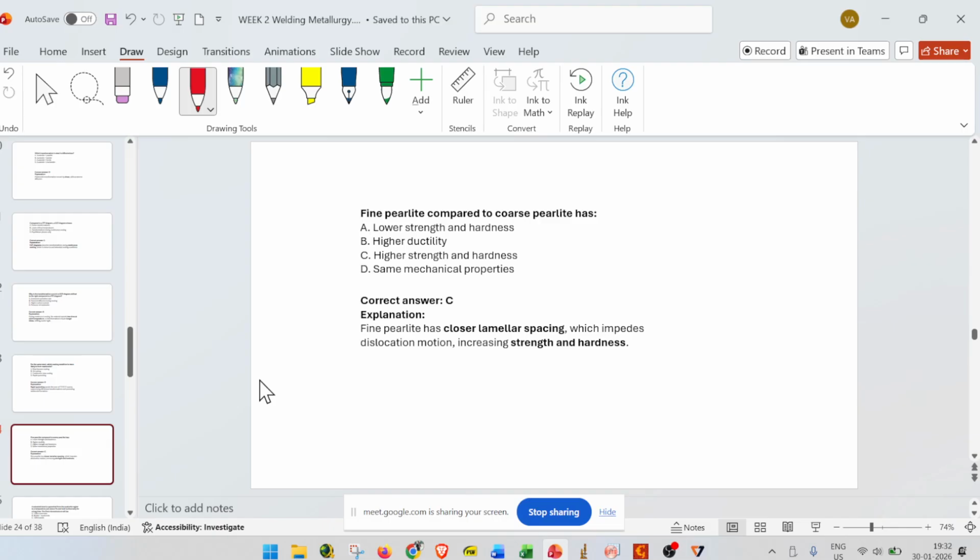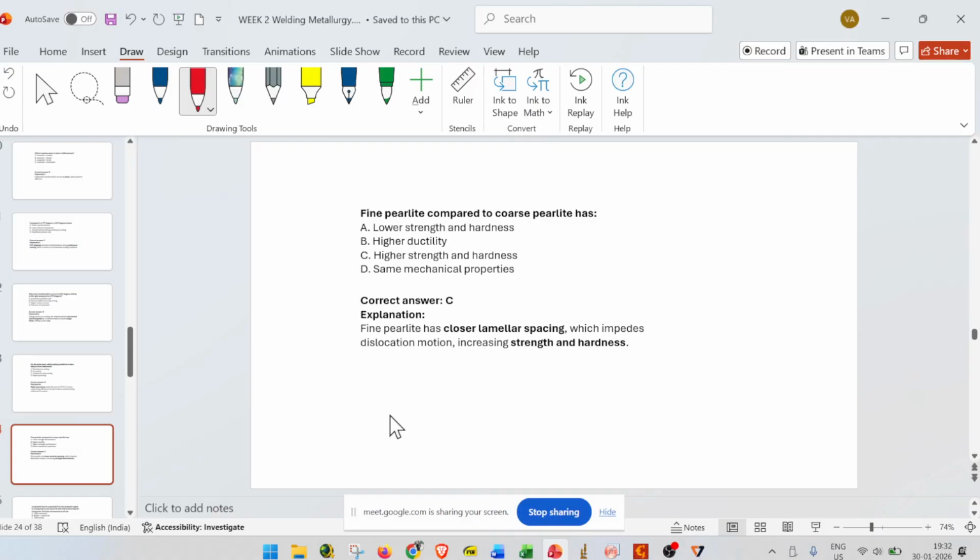Actually, I couldn't find it, but I can explain it. If carbon content is increasing, the carbon will try to retain the austenitic phase. It will not try to form the martensitic phase early. So if carbon content is high, the martensitic transformation will be lower, because it will try to retain the austenitic phase only.